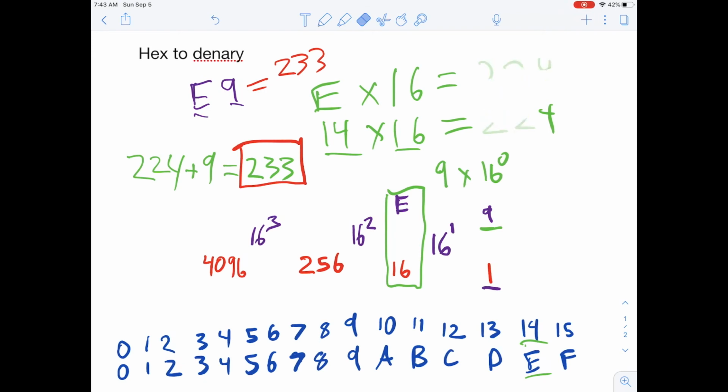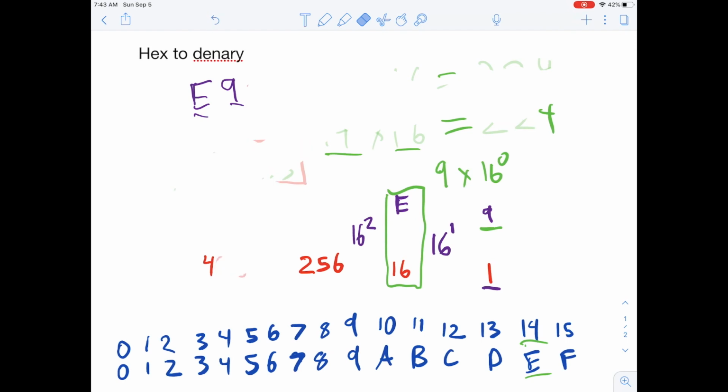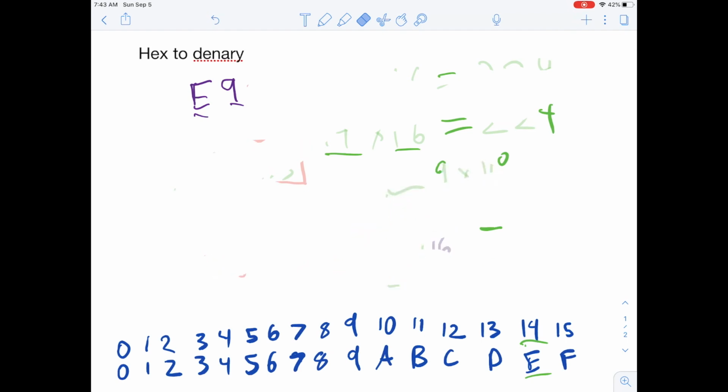Let's do it one more time with a little trick where we move it into binary first. Let me erase all of this. So if we're going to move E9 into binary, we'd break it up into 2 nibbles. 1, 2, 4, 8.